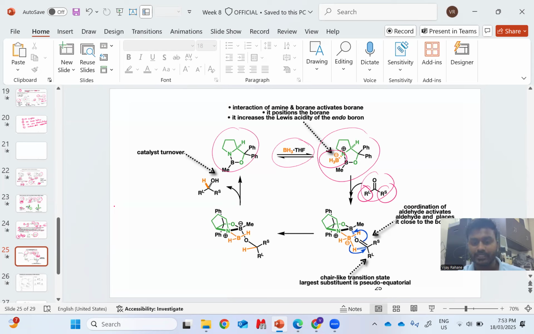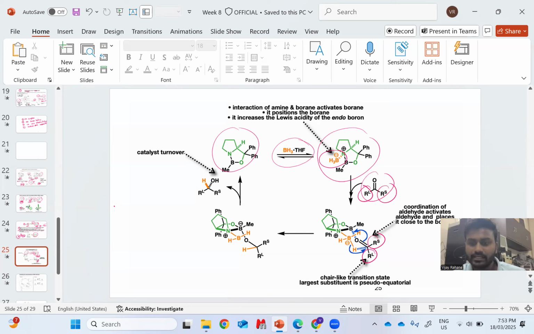As a result, this drives the formation of a selective transition state in which the larger group is directed away from the catalyst center, and the smaller group is close to the catalyst.